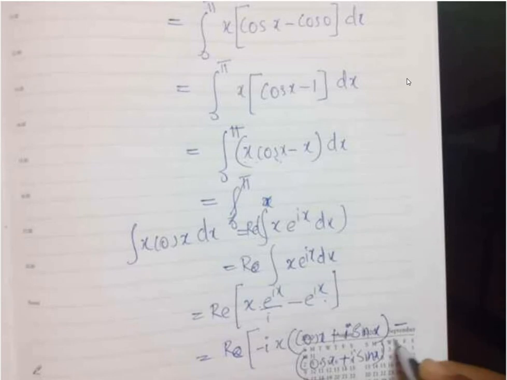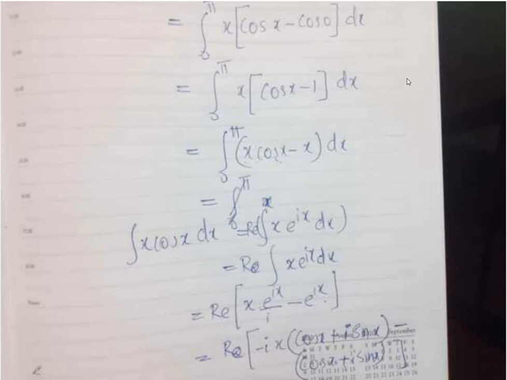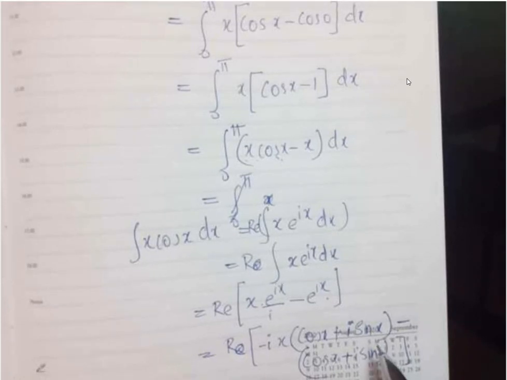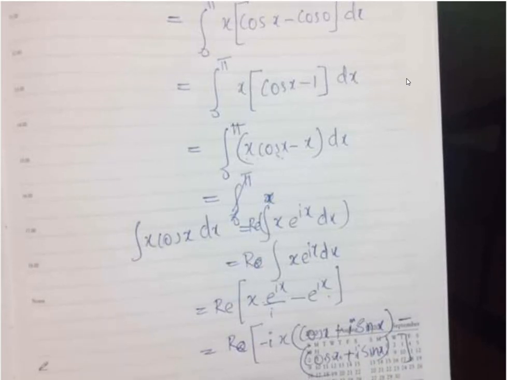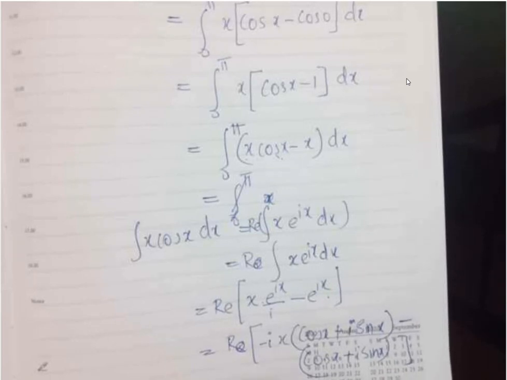Taking the real parts only from these terms, we get x sin x plus cos x.